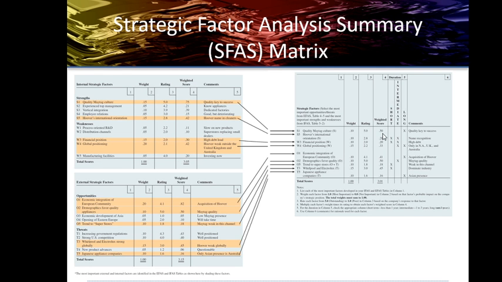Now here is our advice. If you still remember the criticism of the SWOT analysis, we cannot depend on this unless we compare it with our competitors.